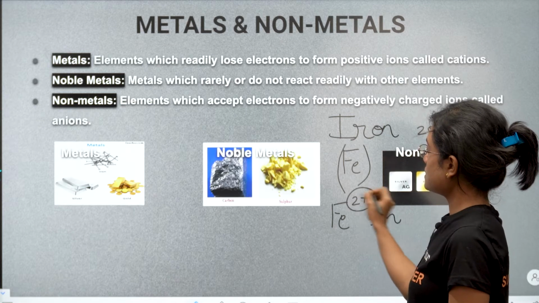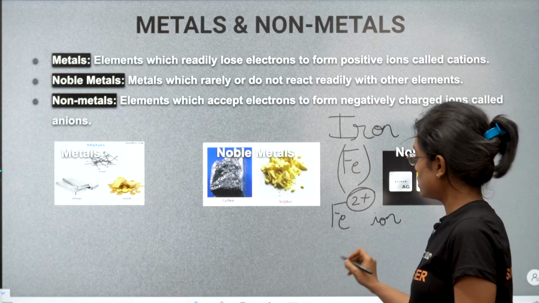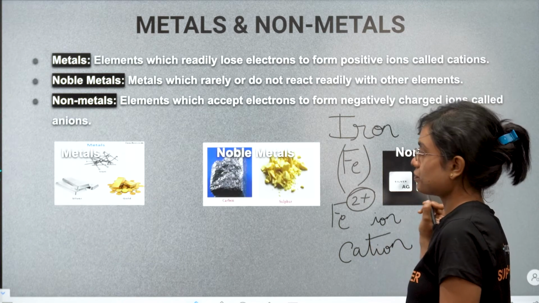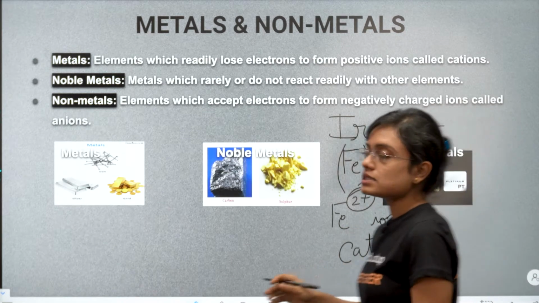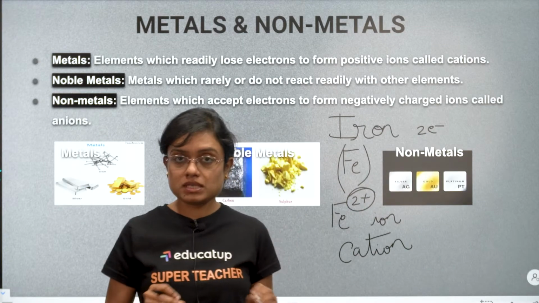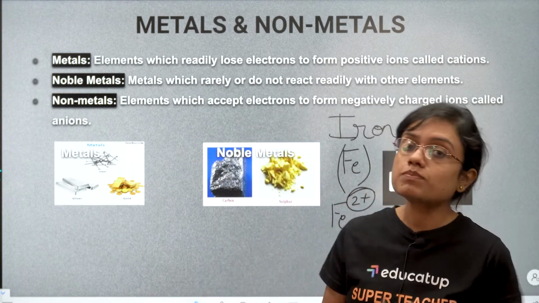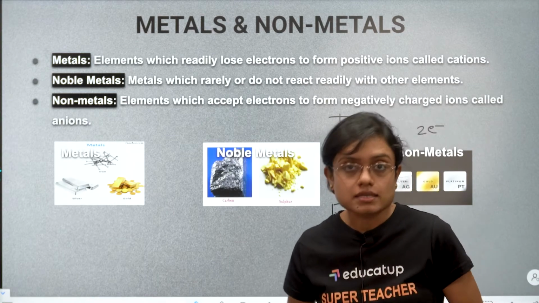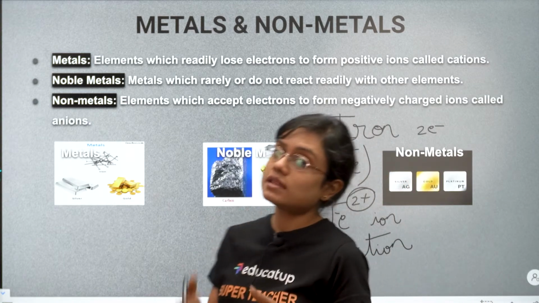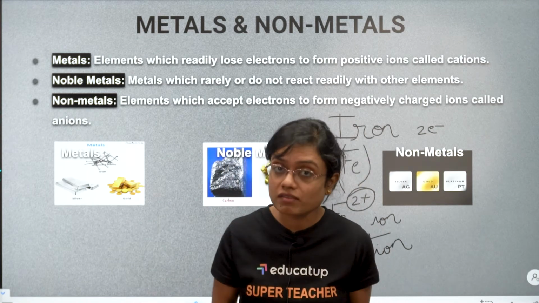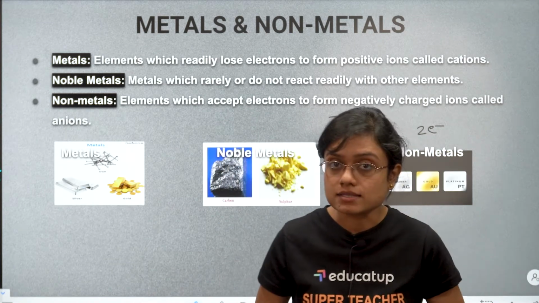As this ion has a positive charge, it is known as a cation. So, metals are basically those elements which lose electrons to form positive ions, and these positive ions are known as cations. Now, non-metals are those elements which readily accept electrons and form negative ions called anions.